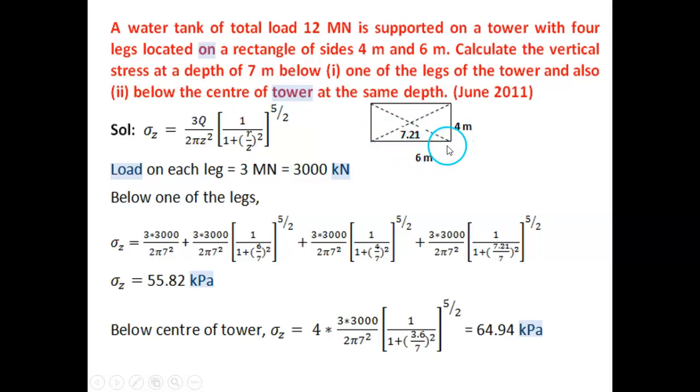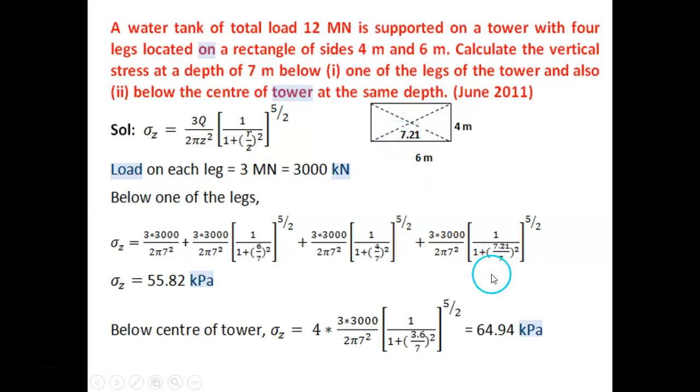So if you take this corner, then the radial distance is 6 meter. For this load, the radial distance is 4 meter, and for this corner the radial distance is nothing but the diagonal distance. So from the triangular property you can find the diagonal distance, which is coming as 7.21 meter.